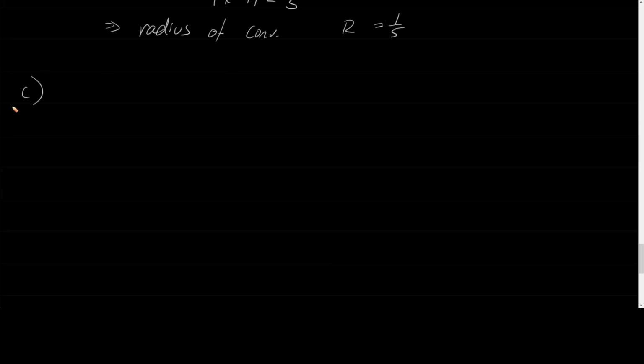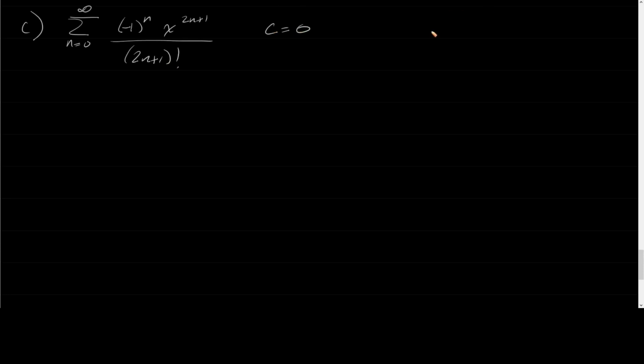So let's say that we have the following: the series from n equals 0 to infinity of (-1) to the n times x to the 2n plus 1 over (2n plus 1) factorial. Let's notice something here. The center is 0.